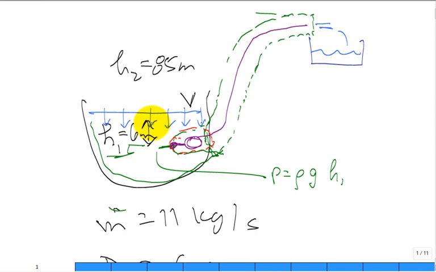True? And if it's a large lake, tell me about the velocity of the water that's sort of falling, the water level's falling. Are you going to be able to see it? Unless it's a really small lake and a huge pump, you're not going to just see it drop. You're going to just see a very slow drop. So what's the speed, the velocity of the flow coming in across this boundary of the control volume, V1?